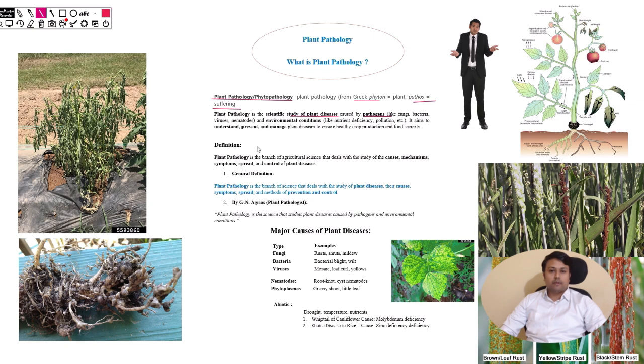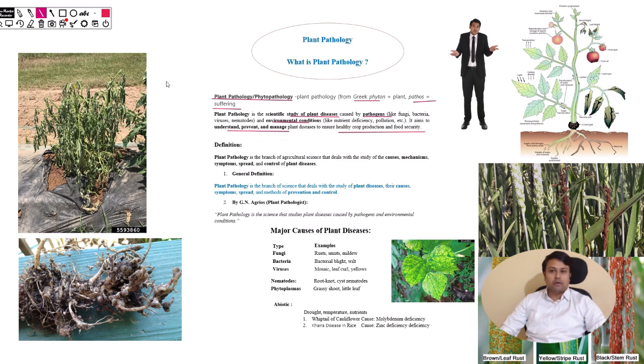Plant pathology is the scientific study of plant diseases and pathogens and environmental conditions. It aims to understand, prevent and manage plant diseases to ensure healthy crop production and food security.